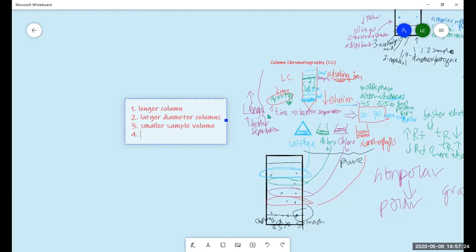A more concentrated sample will also give you better separation. When you dissolve your spinach into acetone and crush it up, you want the sample to be a smaller layer, because if it was less concentrated, it's more difficult to separate out.